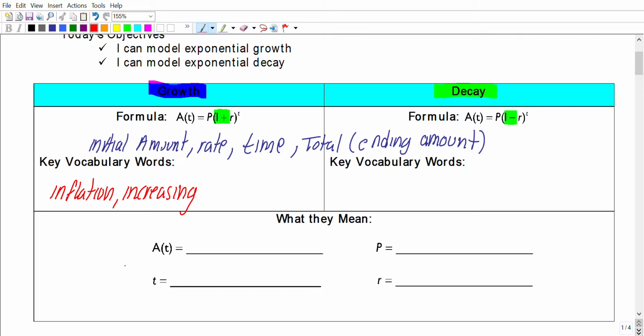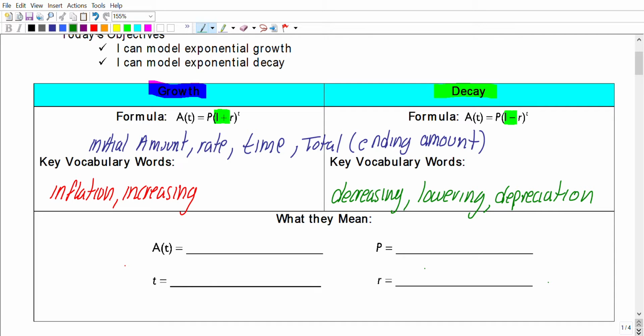Now, when we talk about exponential decay, we should be seeing things like decreasing, lowering. Another word, the exact counterpart of inflation, is not deflation, but rather depreciation.